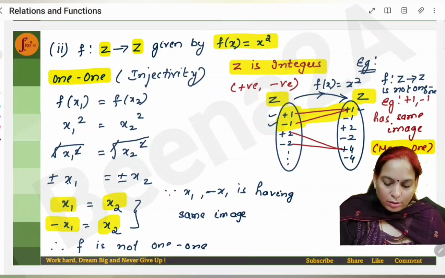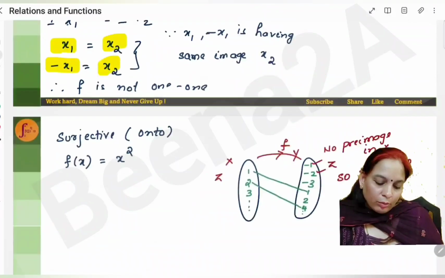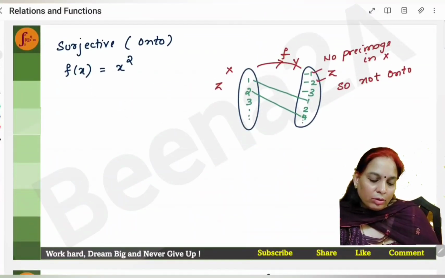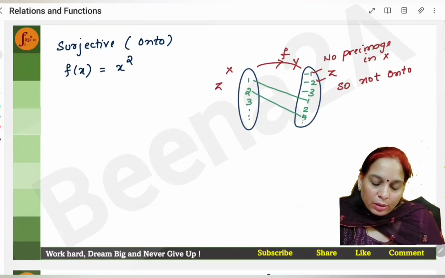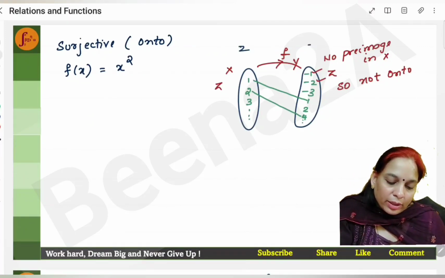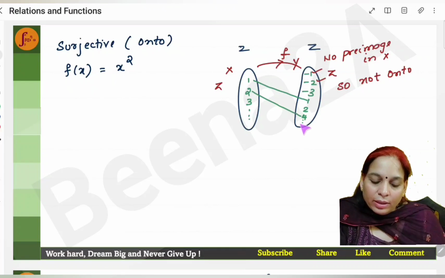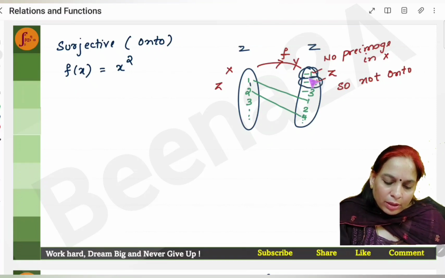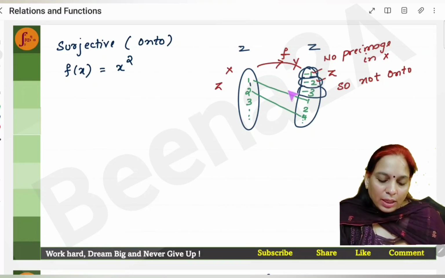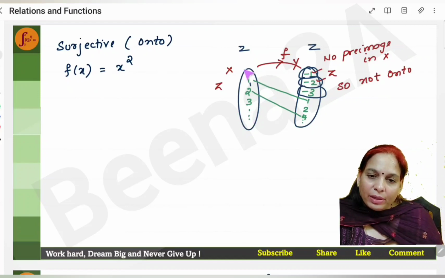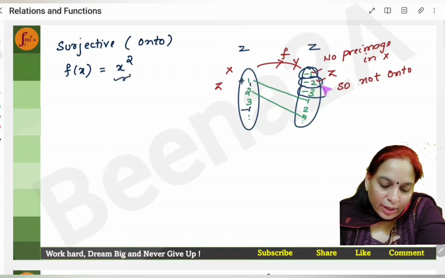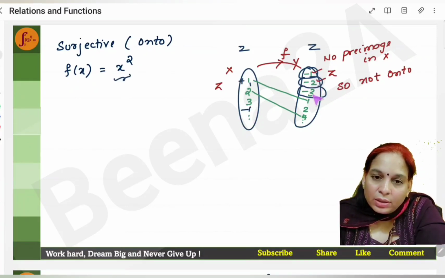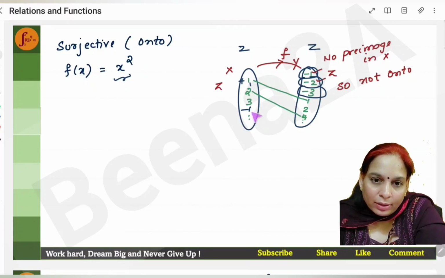Now we'll check if it is surjective or onto. We'll use an example here. Both are integers, right? Every element in this particular set should be mapped to some element in this particular set. Now if I look at minus 1 or minus 2, any negative numbers, I will never get a mapping in set x. Is there a way that minus 1, minus 2, minus 3 will be mapped to some element in this particular set?